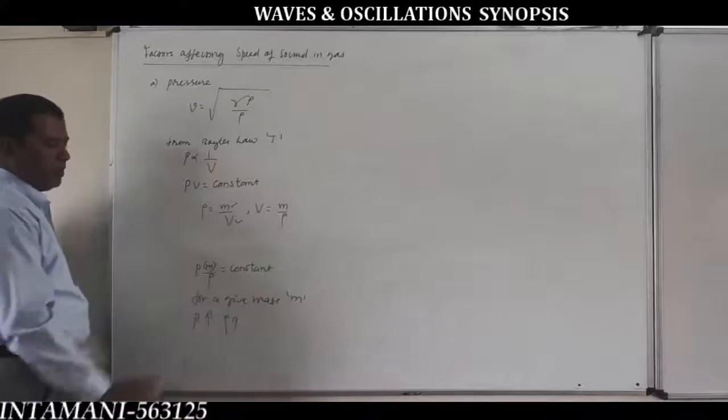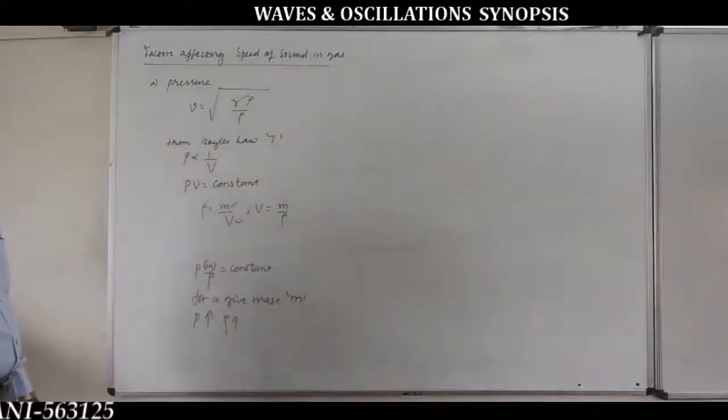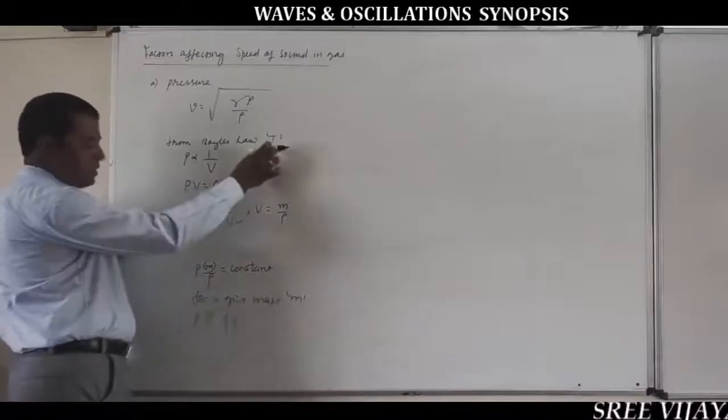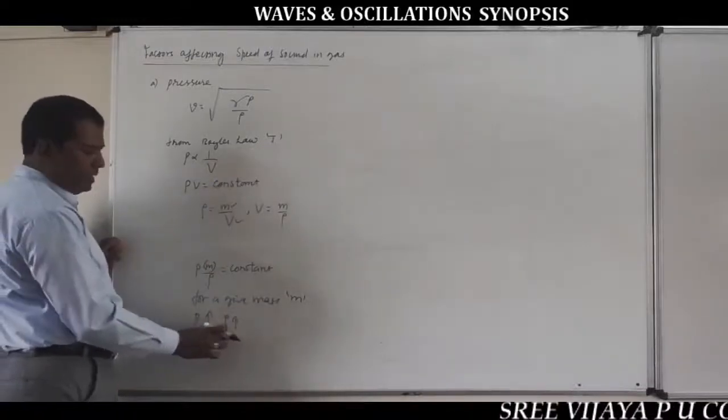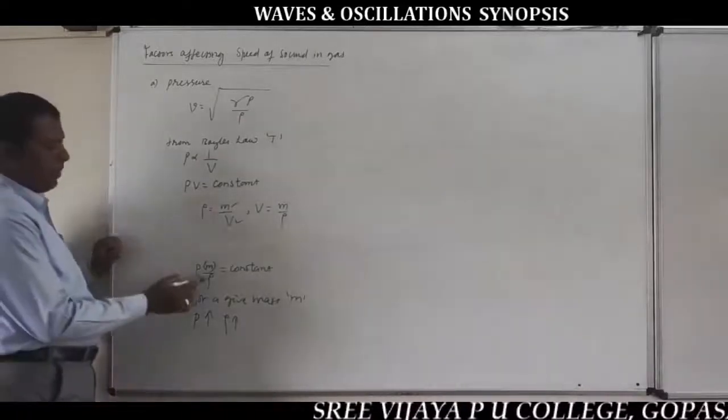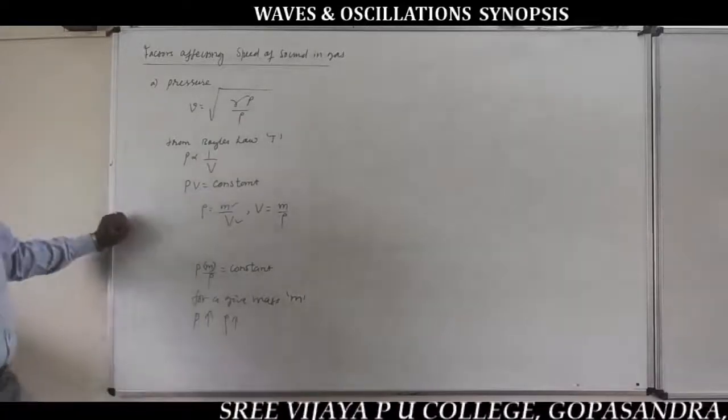Therefore, the ratio P by rho remains constant. That is, for a given mass, when temperature is constant, when P increases, proportionately density also increases. Thereby, this ratio P by rho remains constant.